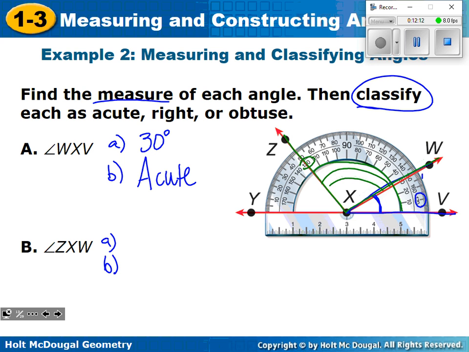But we're not going to say that it's 130 degrees. We're going to take away the part we didn't need right here, which was how much? 30. So we have that 130 minus 30, which is 100 degrees. And that makes it what kind of angle? Obtuse.